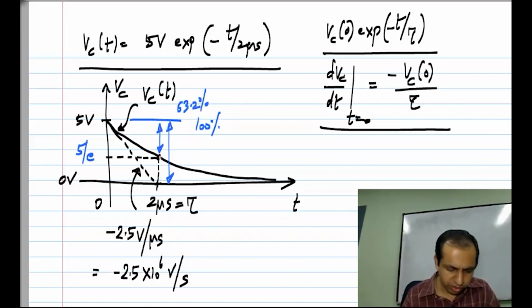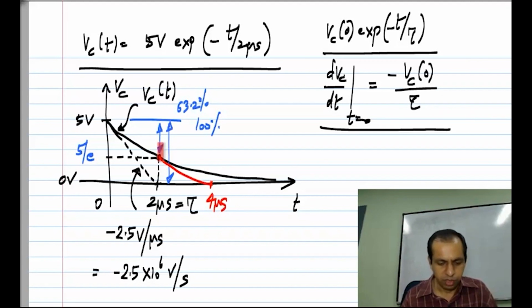For instance, you can draw a tangent at this point, and where it will hit the 0 line will be 1 tau away from this, one time constant away from this. So this will be 4 microseconds, because this is 2 microseconds and it's 1 tau away from that one.